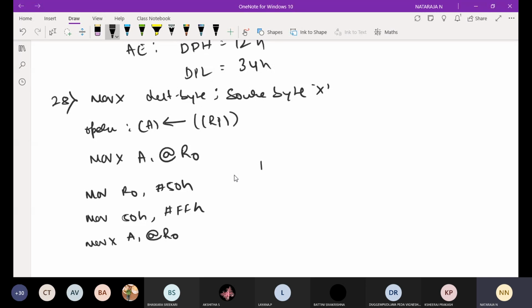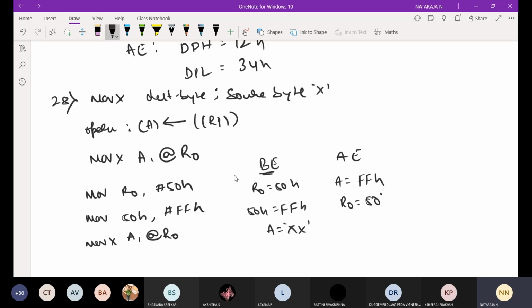Before execution, R0 is 50H, 50H is FFH, and the accumulator is neglected; we don't have any data in the accumulator. After execution, the accumulator will be FF, R0 will be the address location 50H, and 50H will be loaded with FF. This is the meaning.